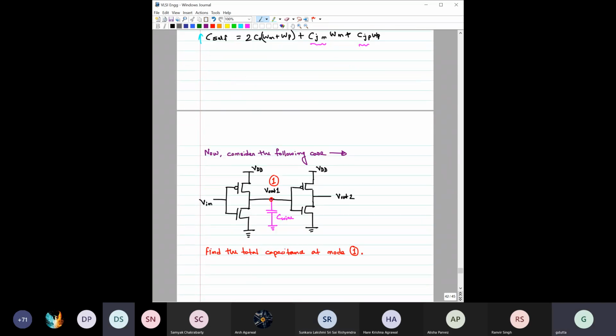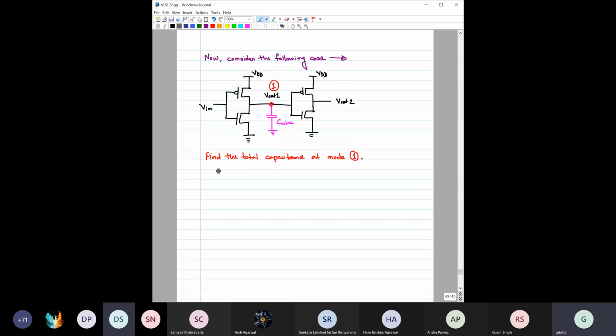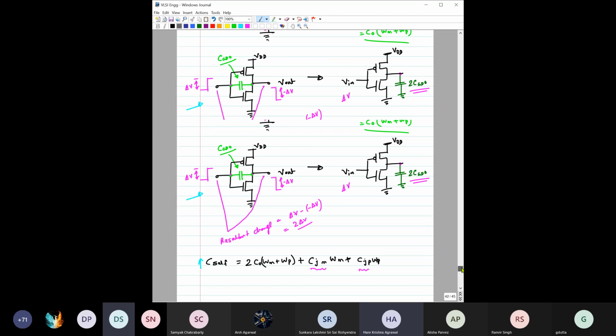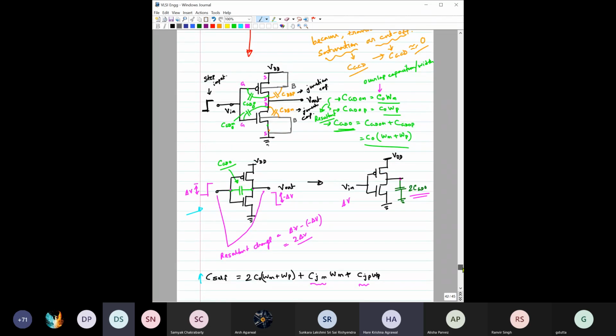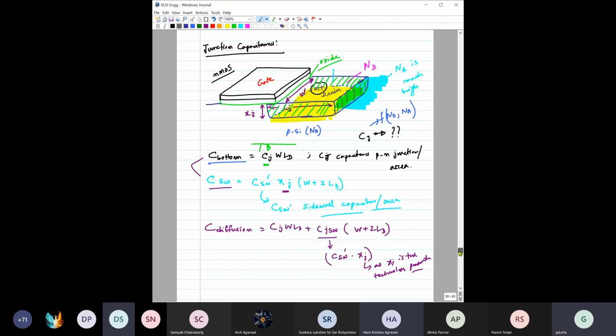Very good. So how are you writing the formula for junction capacitance? We need to consider the LT as well. Yeah, junction capacitance is this one. So, sir, how are you writing it combined as CJPW in the later section?